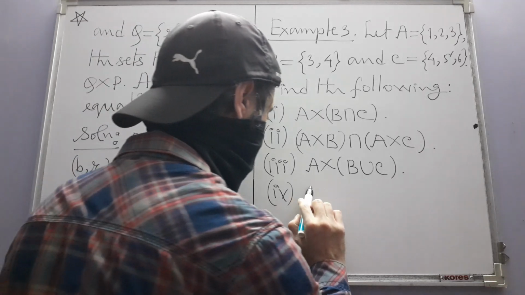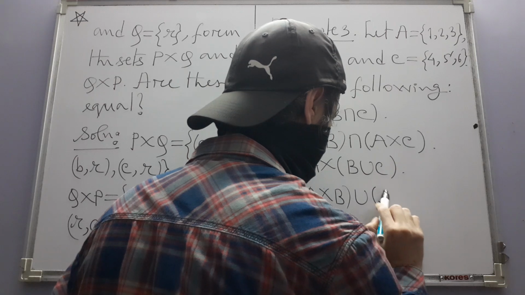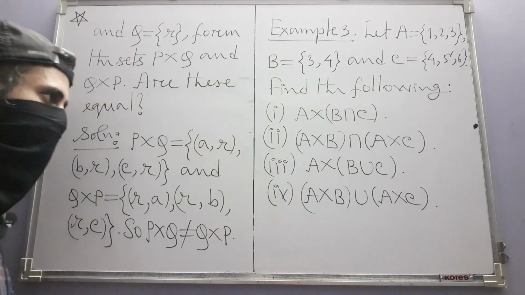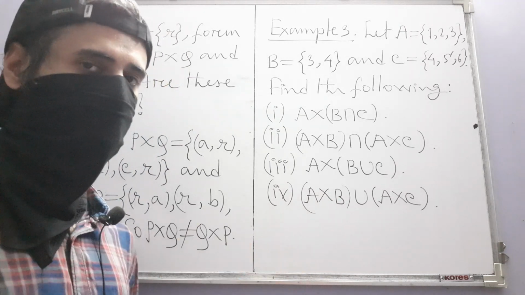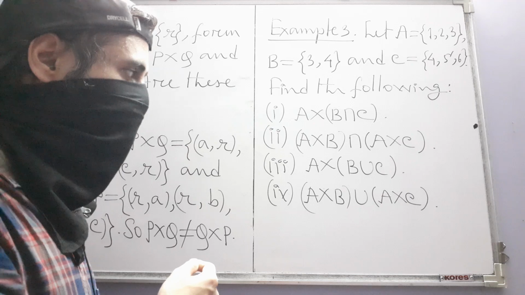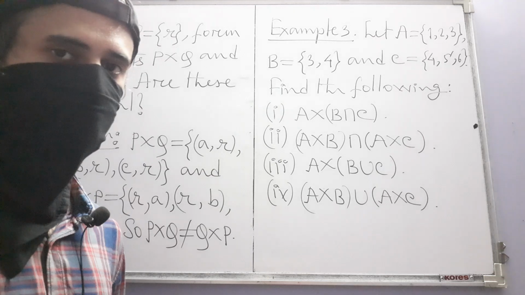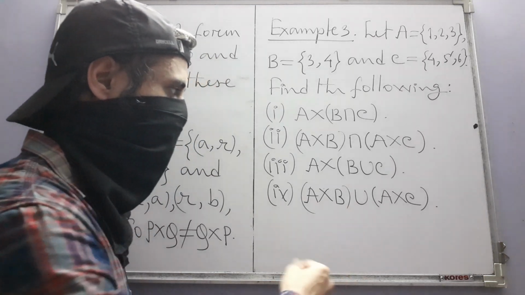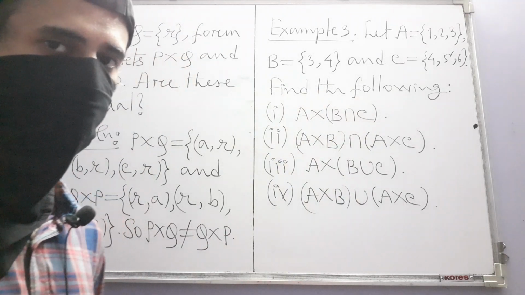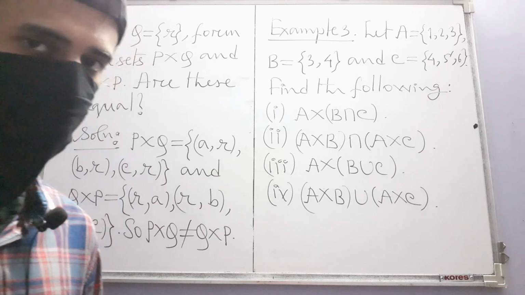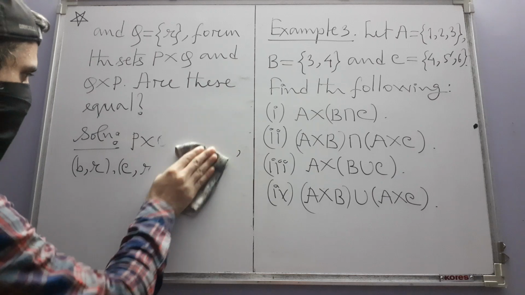And number 4, (A times B) union (A times C). Now note that unlike some such things which involve only union, intersection and set difference, for these we do not have any laws, like De Morgan's law or anything like that that may help us simplify things. No, you have to do exactly what is given. Okay, there are laws but we haven't seen them. So we are supposed to just simply calculate directly.